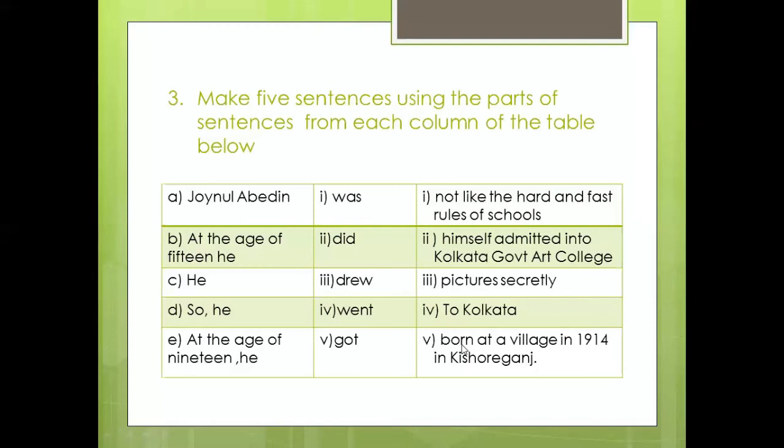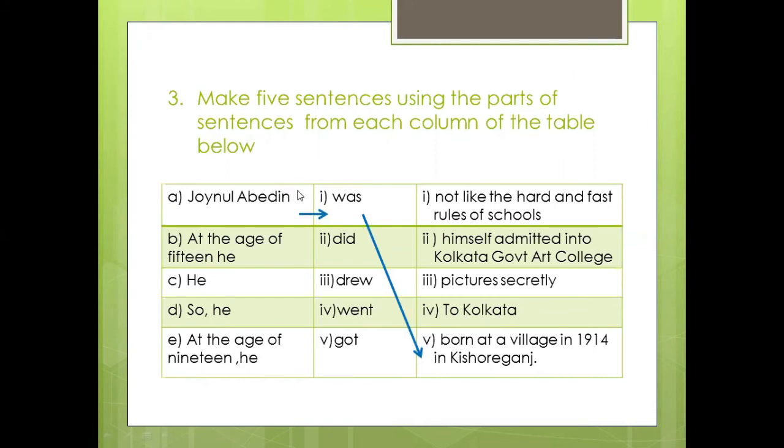So we can see this table is about Joinul Abidin. Let's see if there is any chronology of time or life events. In column C, you can see the birth date given in number 5, so we will start with this.